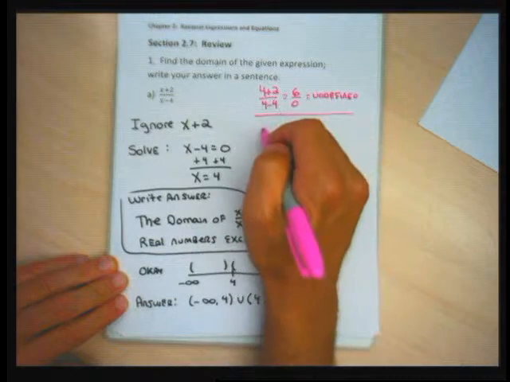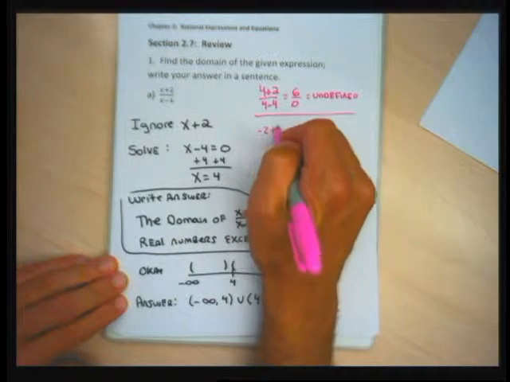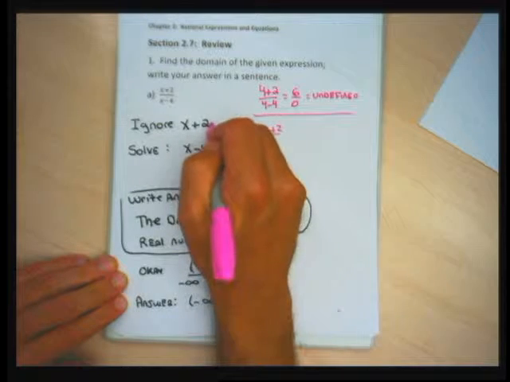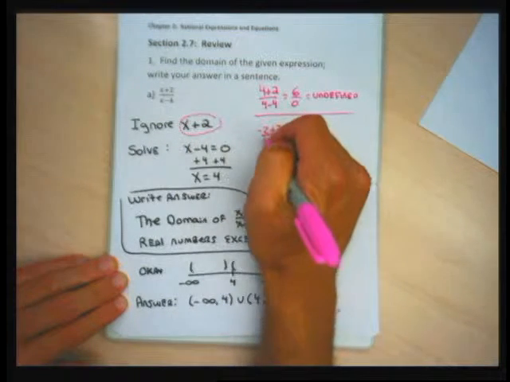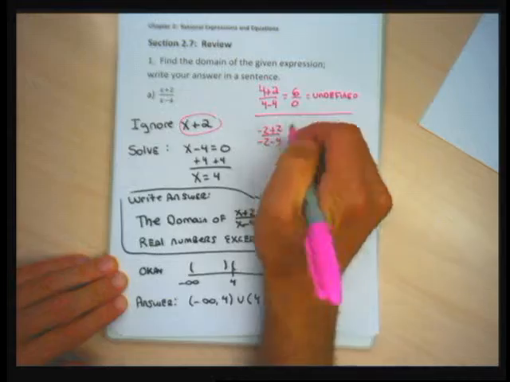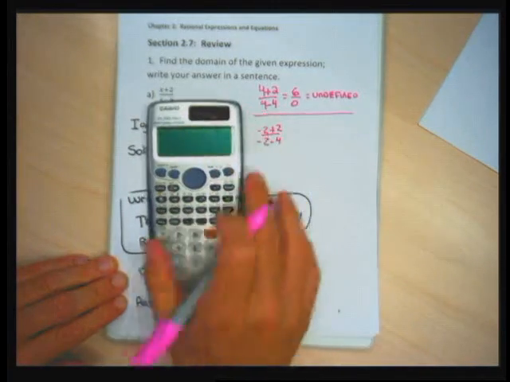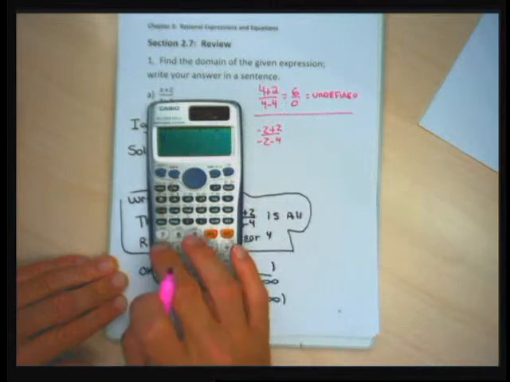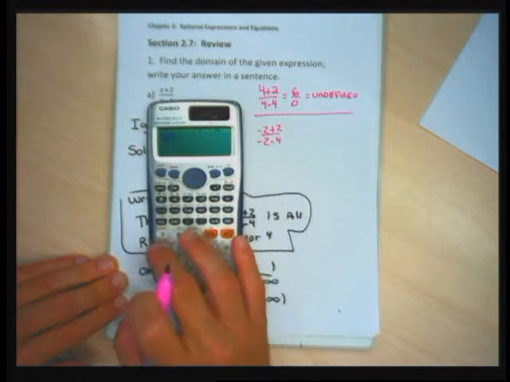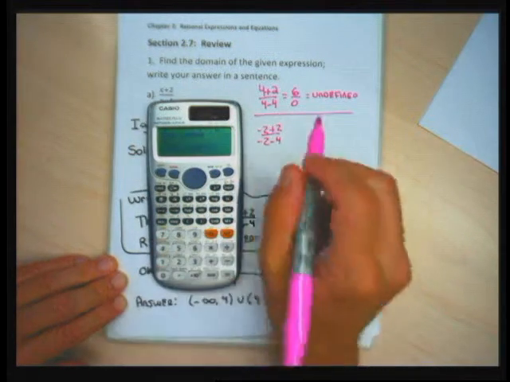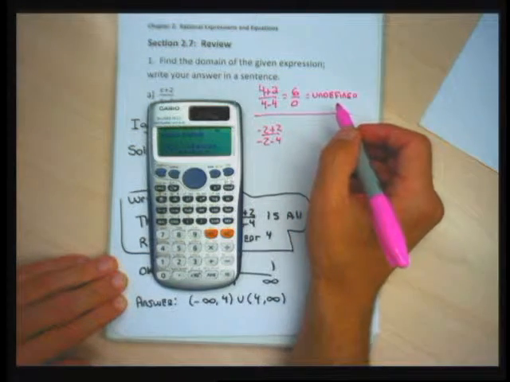Similarly, I know that negative 2 is not a good number to plug in the domain. Negative 2 is what you'd get if you set that equal to 0, because if you plug negative 2 in for the x, you don't get undefined. If I plugged 4 in for x, if I did it on my calculator, if I did 4 plus 2 over 4 minus 4, my calculator tells me it's a math error because this is undefined.